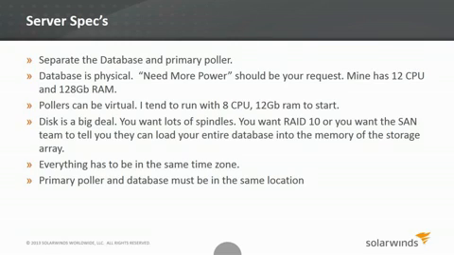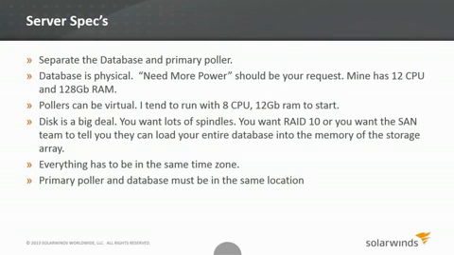It's not a matter of throwing CPU at it all the time, so just be aware of that. And memory, I've always found, especially since version 10.3, where the polling gets throttled automatically, that the RAM is typically very happy. As I mentioned, disk is a big deal for your database.